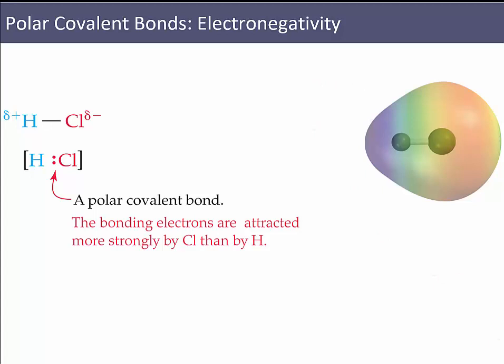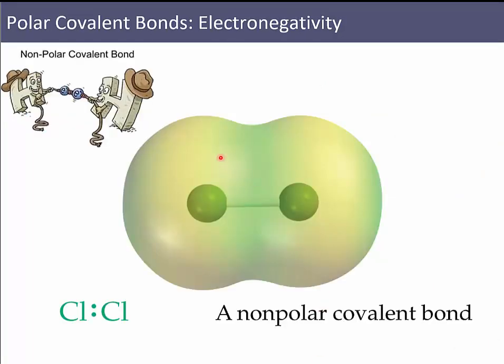In complete even sharing, we've got a nonpolar covalent bond like dichlorine, Cl2. Completely even sharing. Their electrons are going to spend the same amount of time around one chlorine as around the other, because the electronegativity difference is zero. It'd be like two twins sharing stuff.